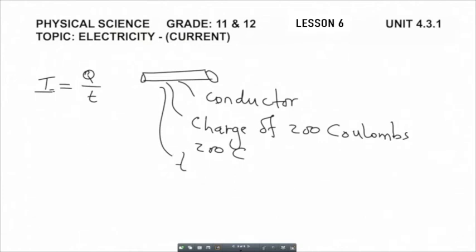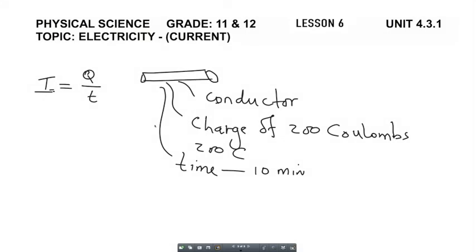So therefore, if the time at which the amount of charge is flowing in the circuit is, say, let us say the time is 10 minutes, we are required to convert the time into seconds, of which if I have 1 minute, which equals 60 seconds, therefore, if I have 10 minutes, it will give us 60 multiplied by 10.